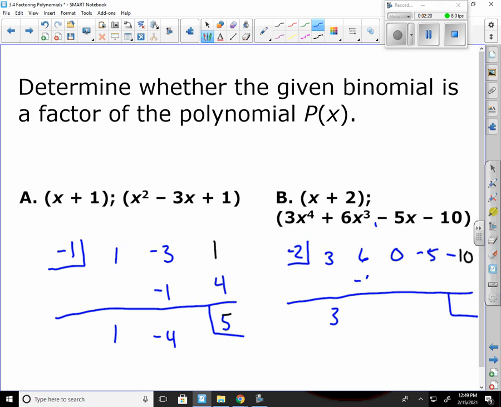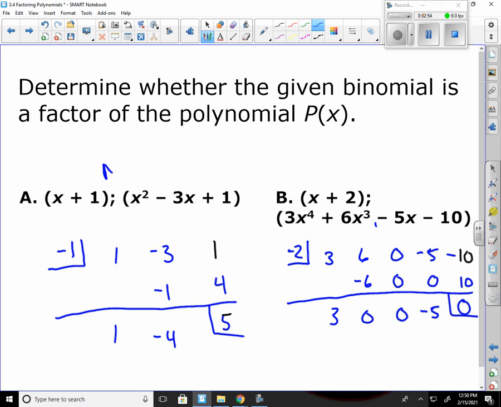So this becomes a -6. 6 minus 6 is 0. -2 times 0 is 0. 0 and 0, that's 0. We have -2 times 0 makes this 0. -5 plus 0 is -5. -2 times -5 gives me 10. And -10 plus 10 is 0. I have a remainder of 0, so that tells me that x plus 2 is a factor.